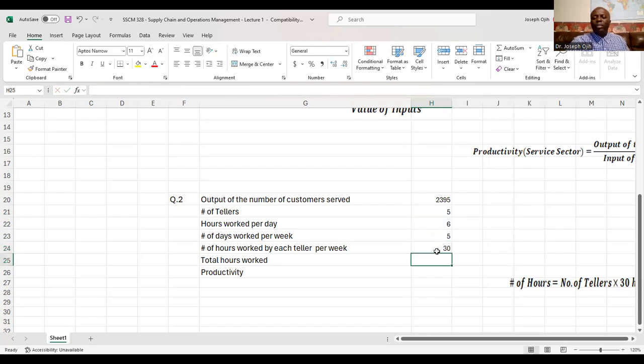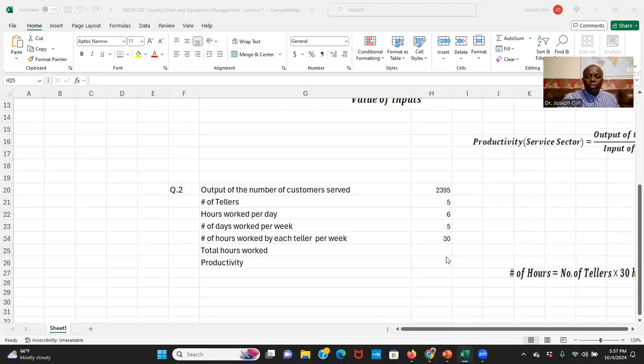That gives me 30 hours. With this, we can find the total number of hours they worked, which will give us the input.